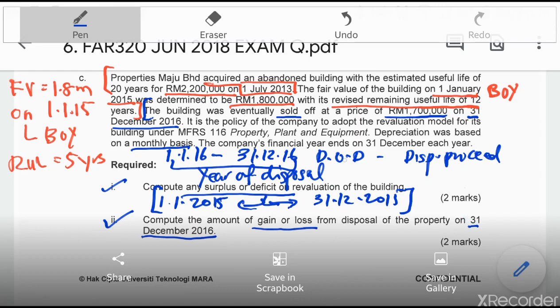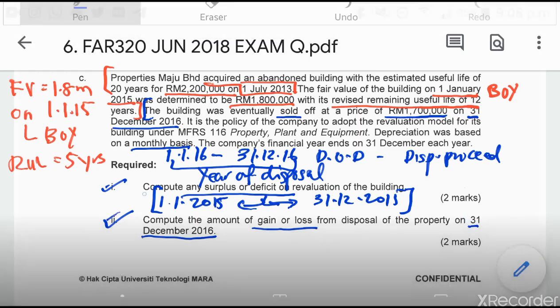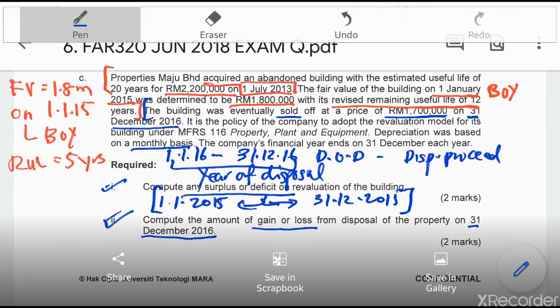So we're going to calculate the surplus. We'll also do the calculation of gain or loss. I will also show you the workings to get this, as well as the journal entry that relates to the workings to get the surplus or deficit.